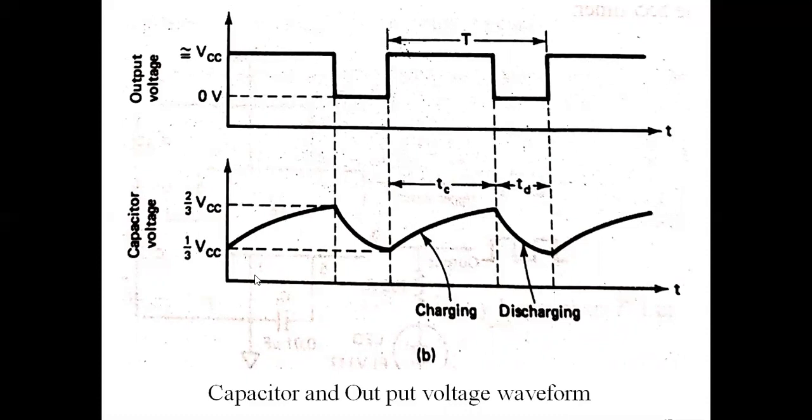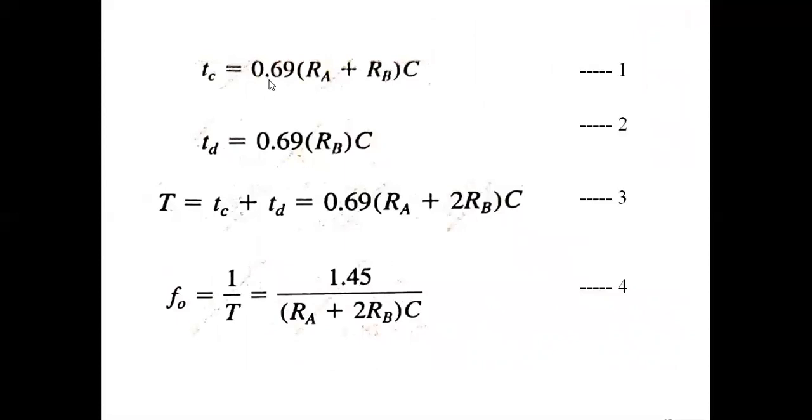The time during which the capacitor charges from 1/3 VCC to 2/3 VCC is equal to the time the output is high, and that is given by the charging time, Tc, equal to 0.69 (RA + RB) C. Call this equation number 1.